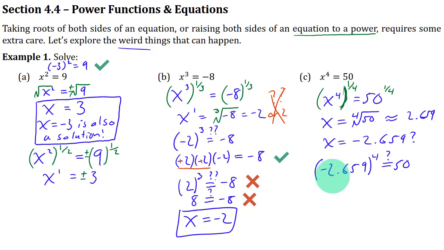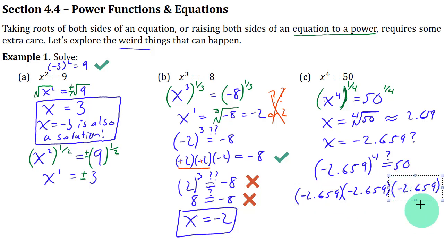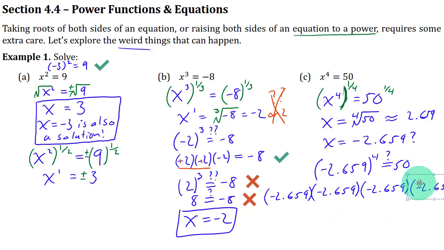Well, if you have 4 copies of this, remember 4 is an even number here, so you're going to have -2.659 times -2.659 times -2.659 4 times. I shouldn't have written so many decimals. I'm going to run out of room.